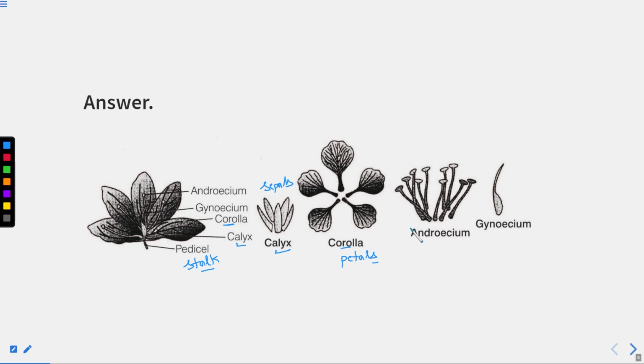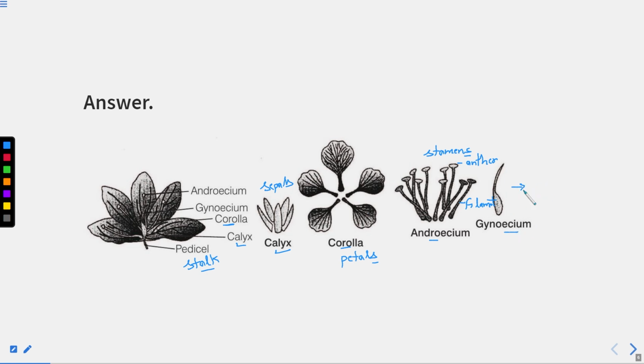Then inner to corolla is androecium. These are the stamens, the male reproductive organ in the flower. It consists of anther and the filament. This is the anther, and this is the filament. Then the innermost whorl is known as gynoecium.